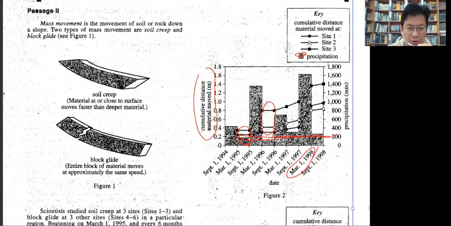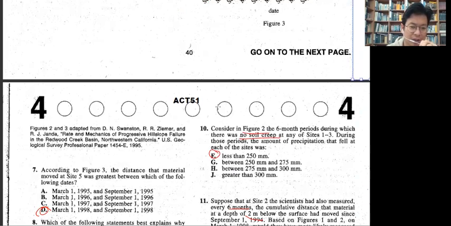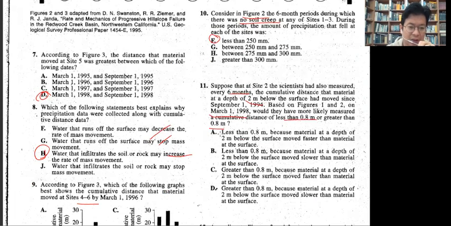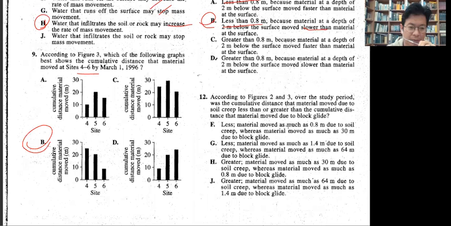Site 2 is circle 1, so this one. That's 0.8. Is it a little bit less than 0.8? Yeah, this is 0.8, but this is a surface one. So if it is a depth of 2 meters, then if you think about common sense, if it is deep down, it probably travels less, right? So it has to be less than 0.8. I mean, slower. Yeah. So it's B.